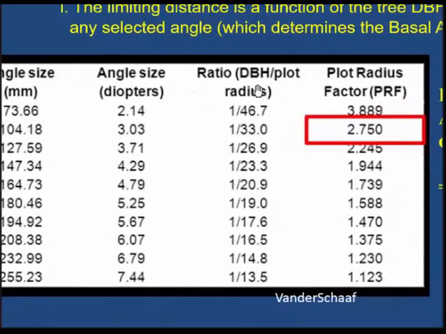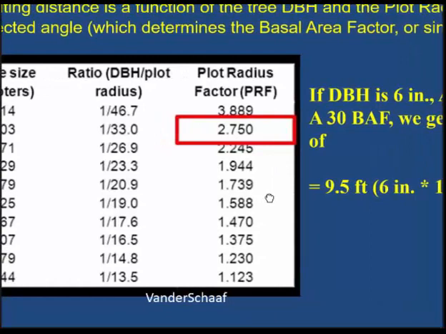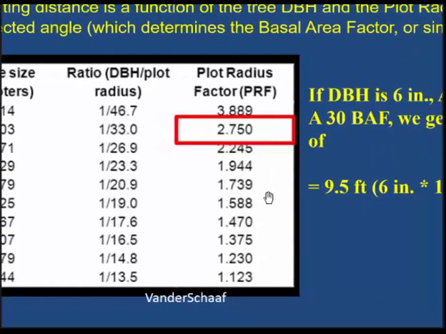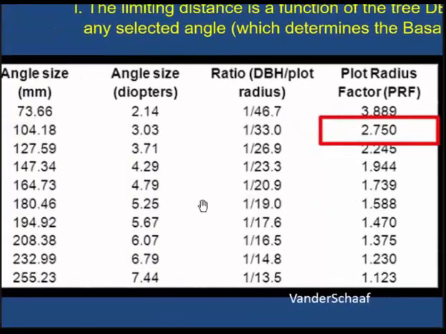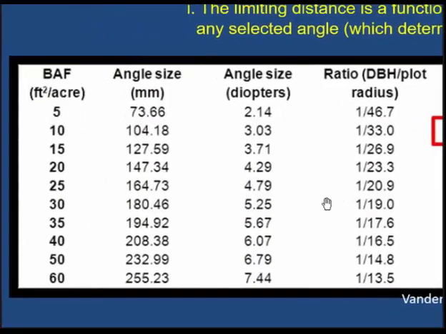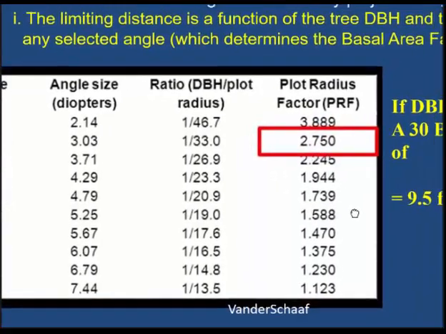Then your ratio between the DBH, the diameter, and the plot radius leads to the plot radius factor. That is the additional distance from the point at which a tree's pith would allow that tree to be called truly borderline, given its diameter.